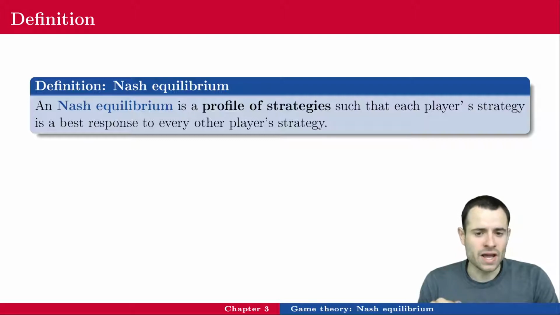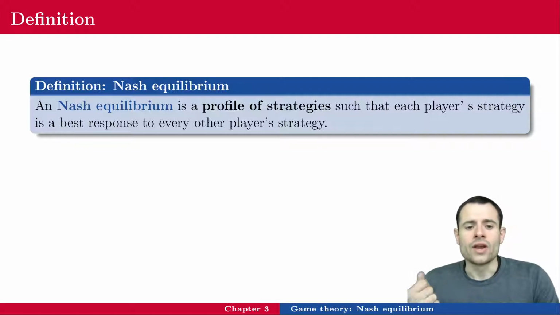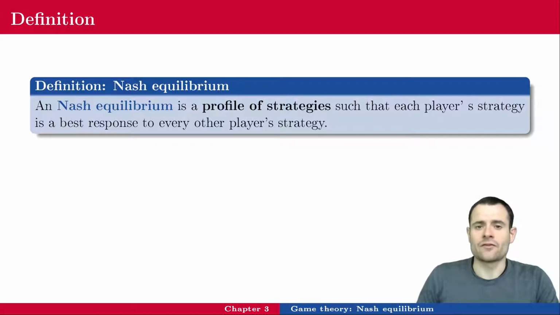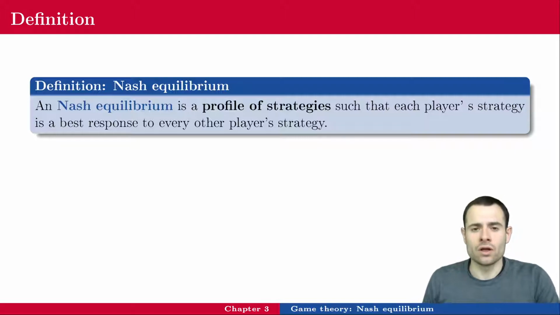I already mentioned the idea of what a best response is. So, a Nash equilibrium is a profile of strategies, a list of strategies, such that each strategy is the best response to all the other strategies played by the other players.